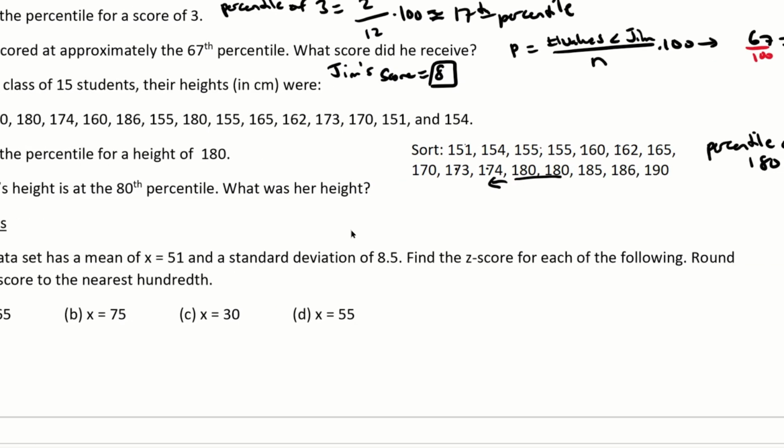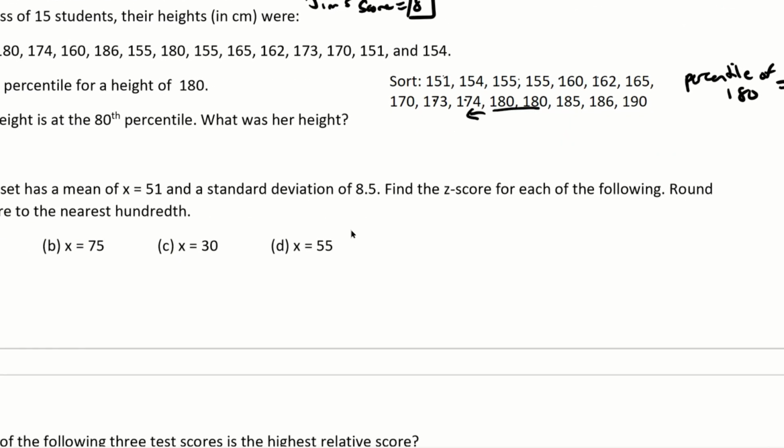And then B, what if Jane's height is the 80th percentile, so what was her height? So that means, okay, 80th percentile, we're going to basically shortcut this. We know it's going to be 0.80 is equal to x divided by the total. The total is 15 people, okay? We know we have to divide by 100 and all that, but I already did that here, okay? You multiply by 15, and so that gives us x is equal to 15 times 0.80 is about 12. So there's 12 below Jane.